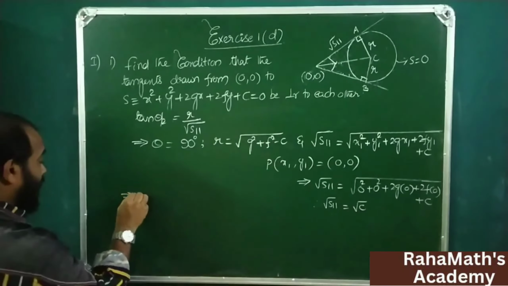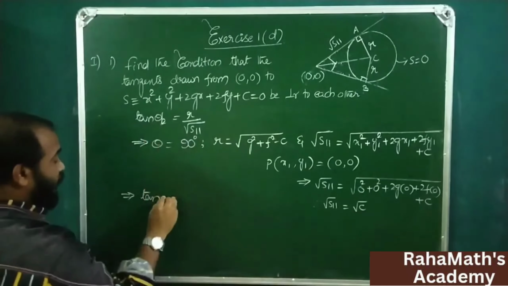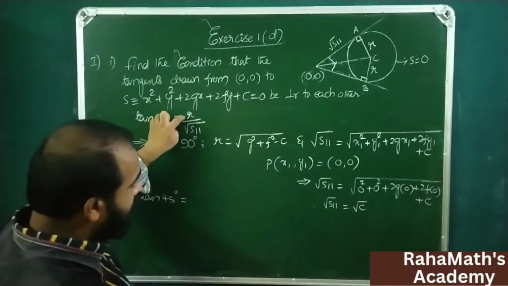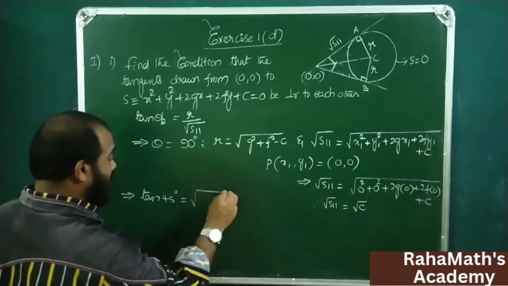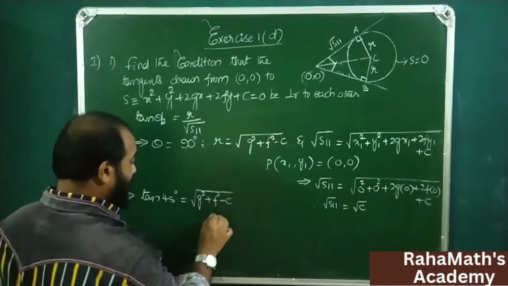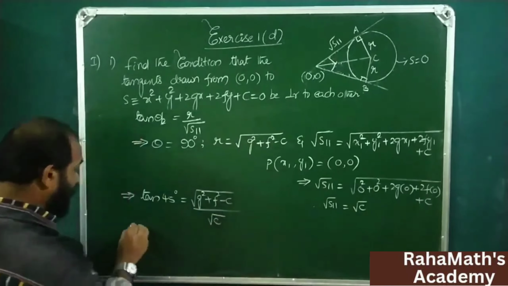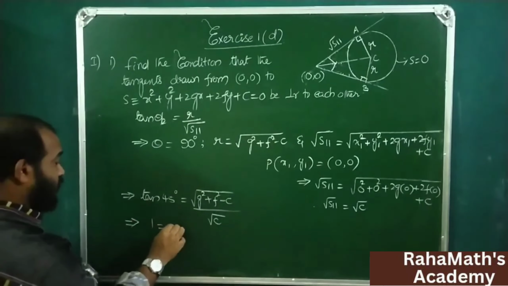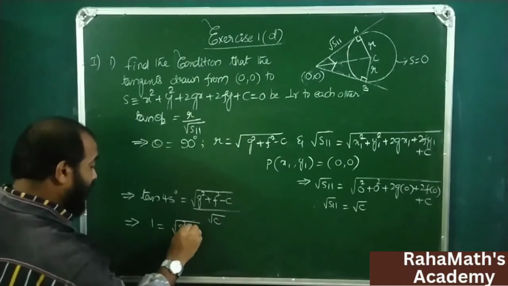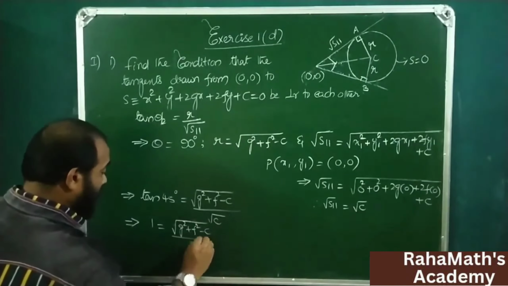Okay. So now theta is 90 degrees. 90 degrees by 2 is 45 degrees, equal to r, which is square root of g square plus f square minus c, by root S11, which means root c. So tan 45, whose value is 1, equals square root of g square plus f square minus c by root c.